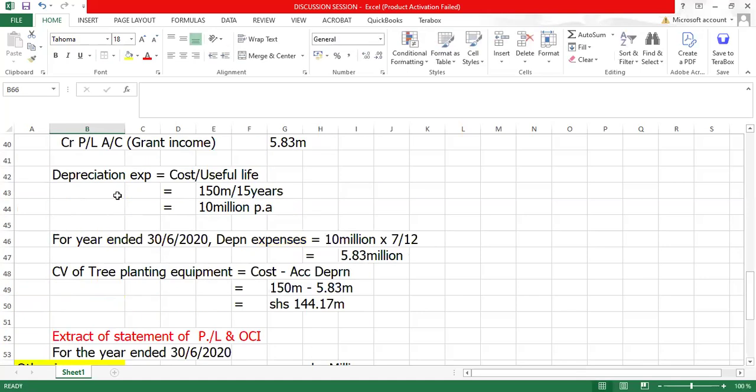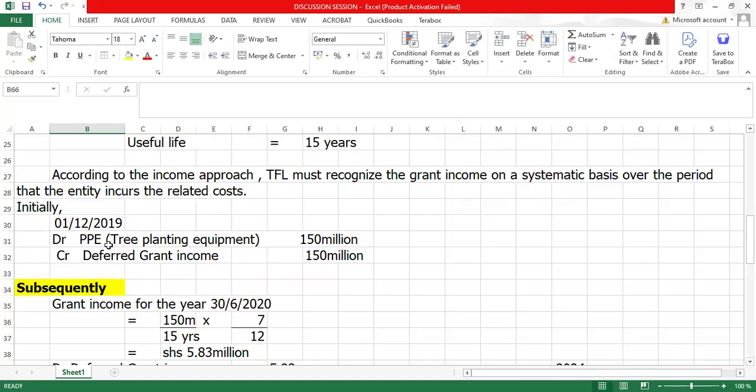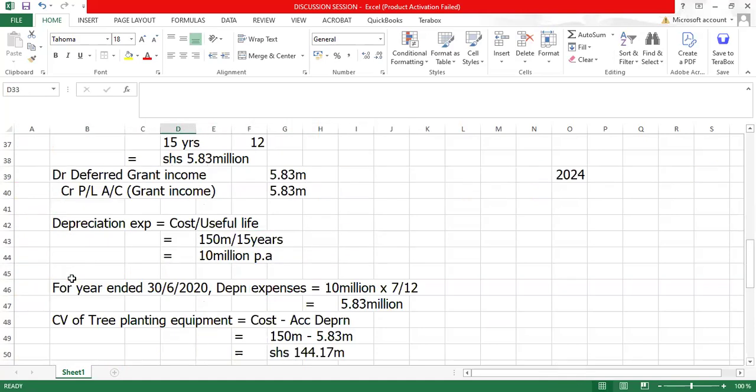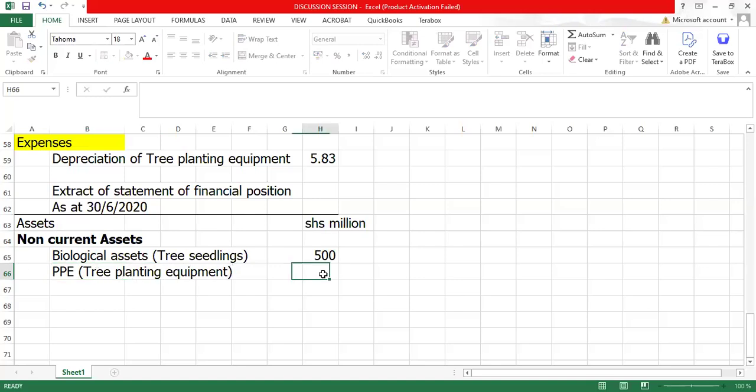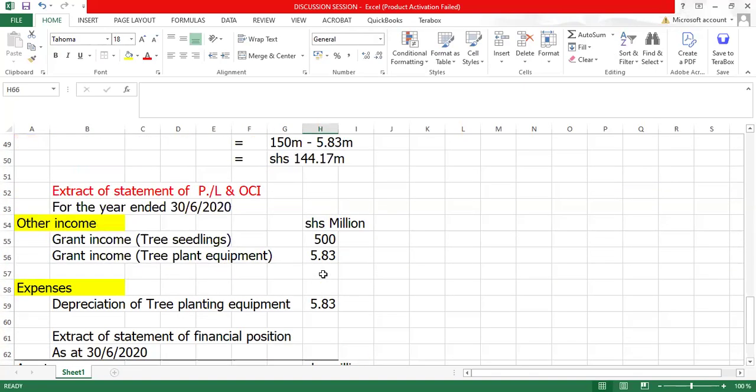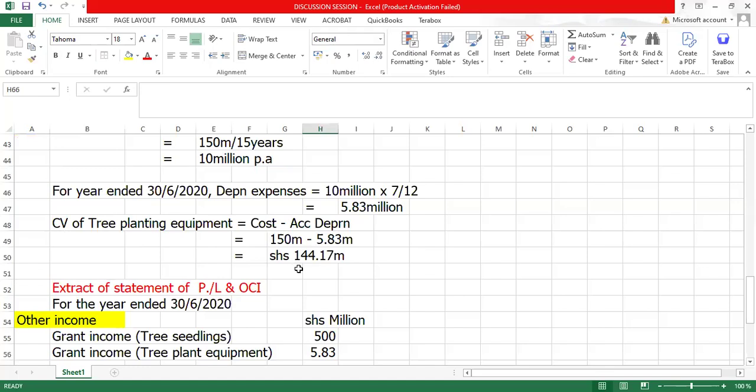So then we have also what? You see this? This is an asset, PPE. So it must appear here. But remember we record this in our non-current assets at carrying value. So here PPE, it will be the tree planting equipment. Please, you record the carrying value. The carrying value is this.